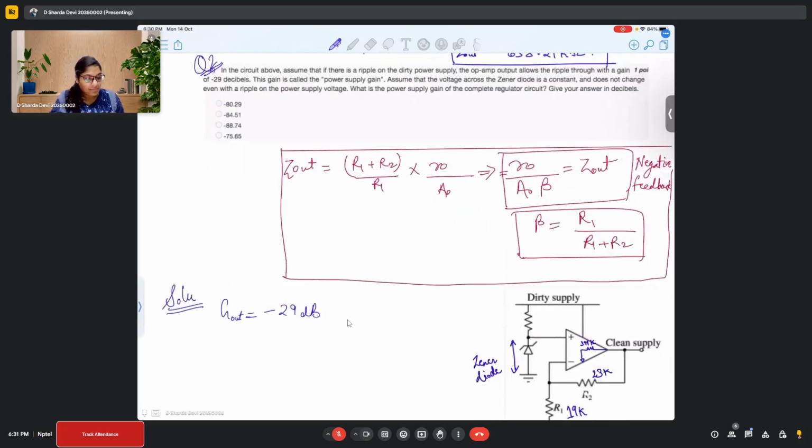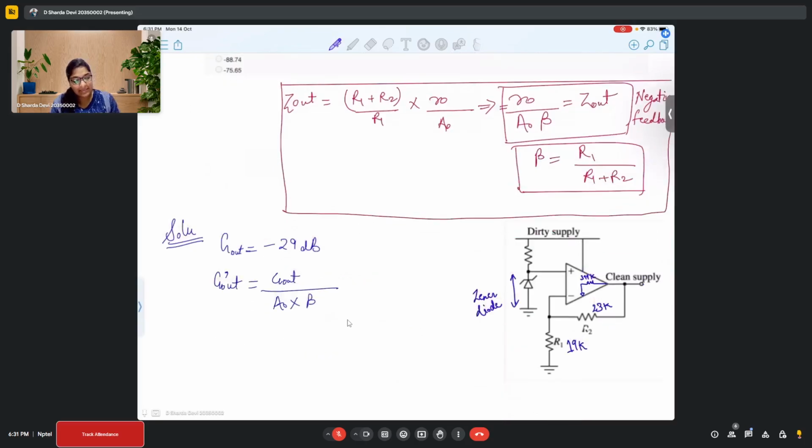Now see, if there was no feedback, the power supply ripple gain of this circuit is minus 29 decibels. When there is negative feedback, we already know G out dash would be G out upon A naught into beta, correct?